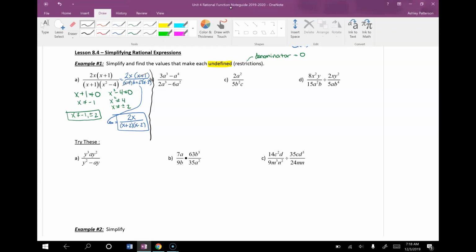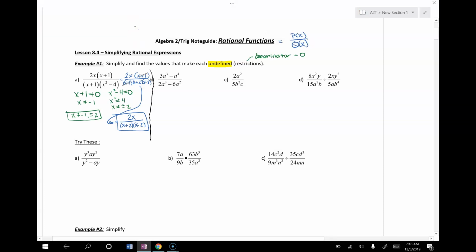So for letter B, let's go ahead and simplify everything out first. Let's factor out some greatest common factors. It doesn't look yet like we can factor any binomials or trinomials. So let's factor out an a to the third in the numerator, and that leaves us with 3 minus a. And then in the denominator, we can pull out a 2a squared, and that's going to leave us with a minus 3.